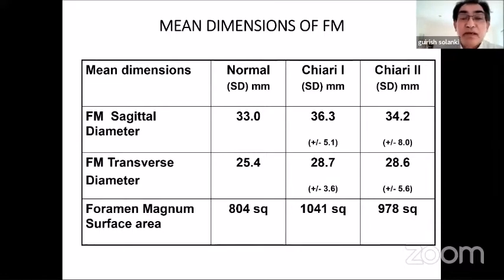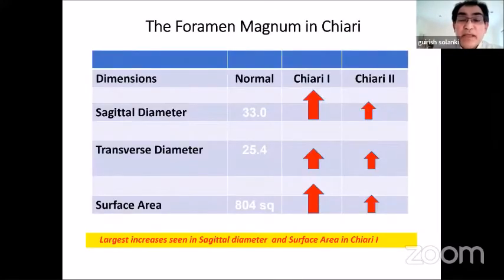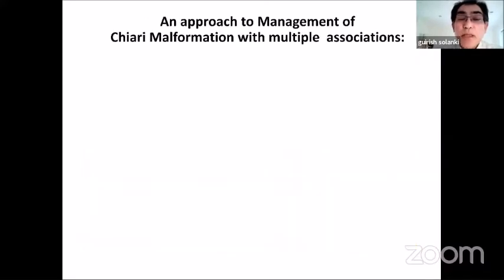We did a study of children, normal age and sex-matched patients with Chiari 1 and Chiari 2, and what we discovered is that in Chiari 1 and Chiari 2, the foramen magnum dimensions, both sagittal, transverse, and surface area, are much greater than in children with the normal, who had an MRI scan for other conditions. And of course, we talked about the association.